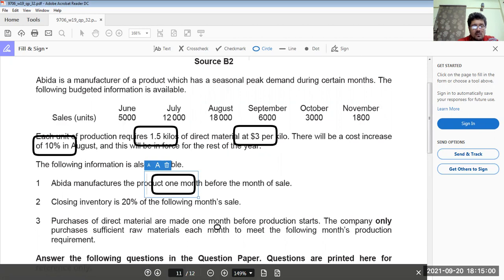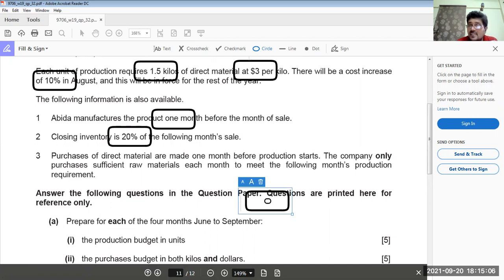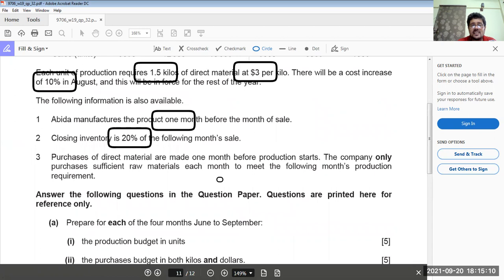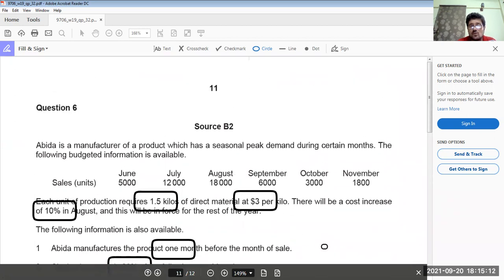Now, closing inventory is 20% of the following month's sale. Following month sale means the closing inventory in June must be 20% of the sales of July.